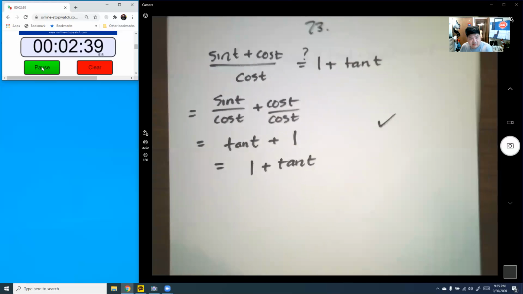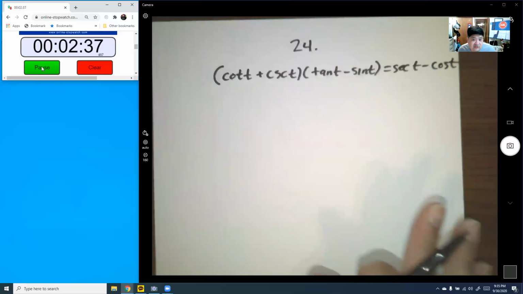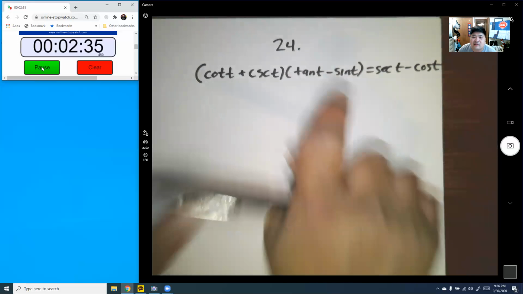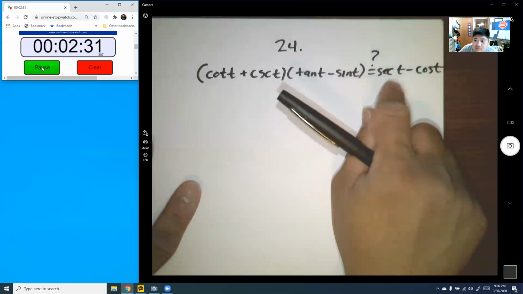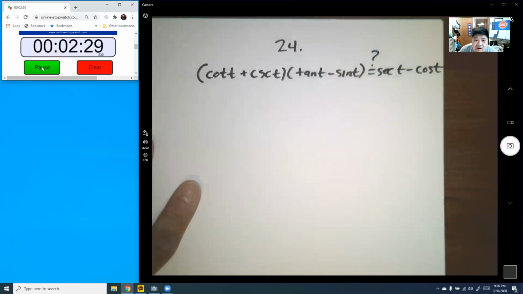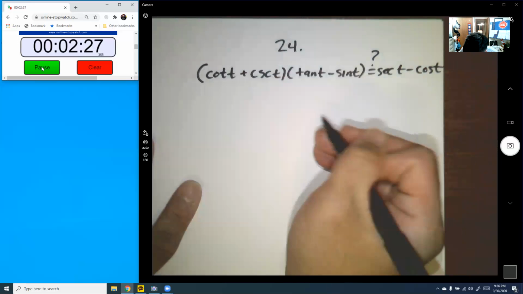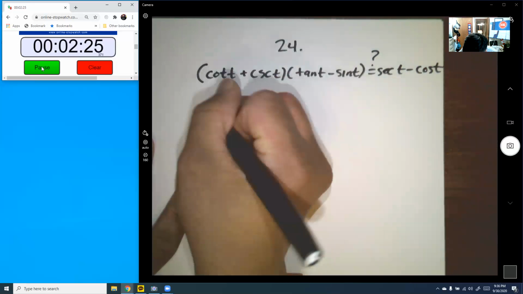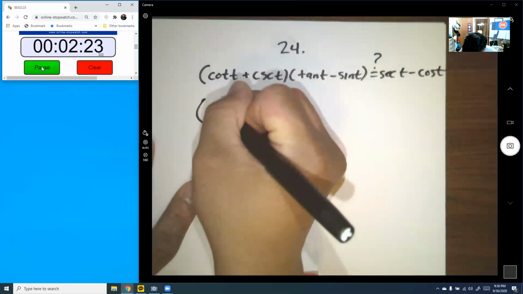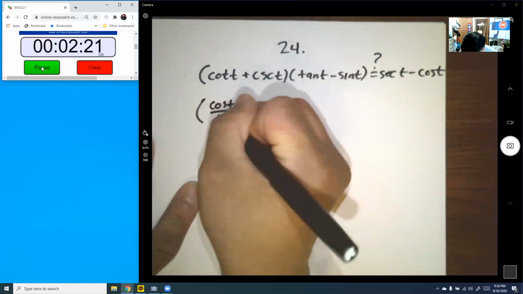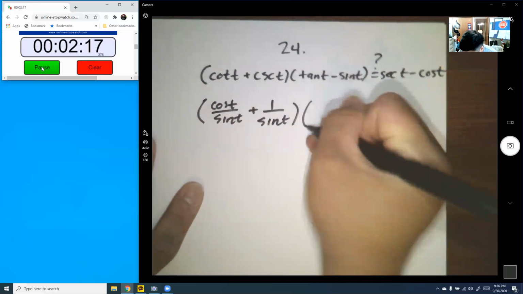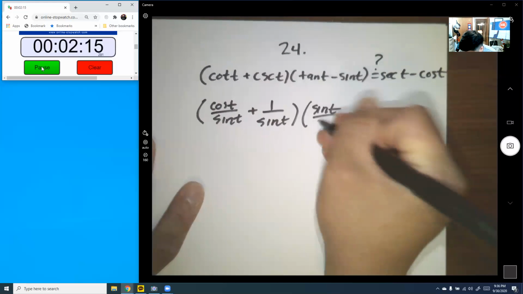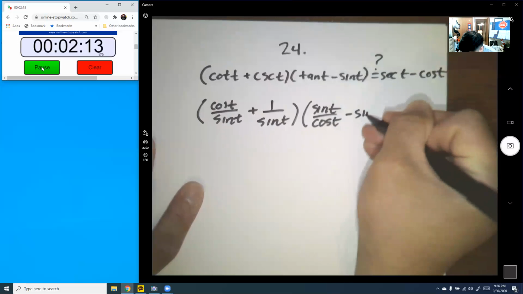All right, let's look at the next one. We have cotangent t plus cosecant t times tangent t minus sine of t. Does that equal secant t minus cosine of t? I'll just change this to sines and cosines. So we have cosine of t over sine of t plus 1 over sine of t times sine of t over cosine of t minus sine of t.